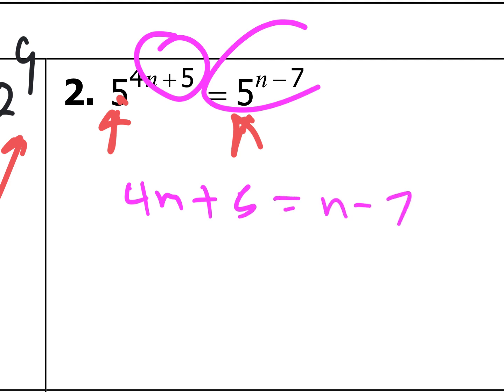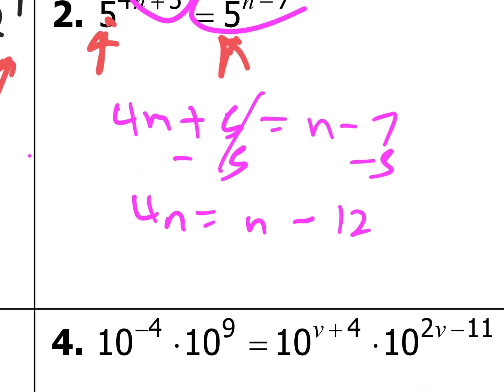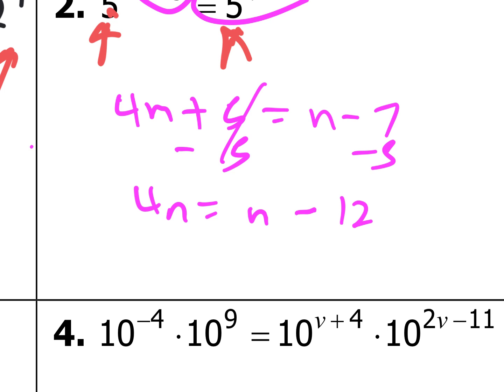That equation is not as easy as number 1 because I need to get all the n's on one side. So really quickly, I'm going to get rid of the 5, minus 5 on both sides. That's 4n equals n minus 12. Then I have to subtract n on both sides.